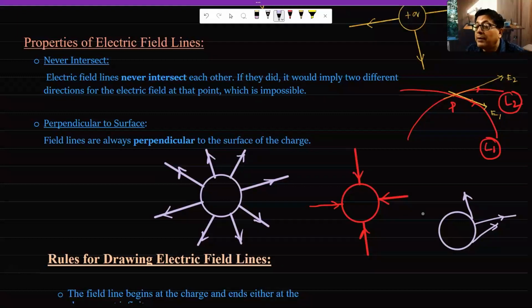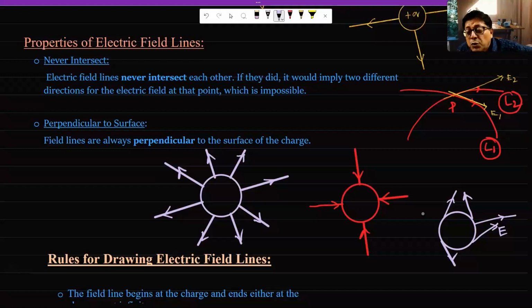So what will happen? Two things are going to occur. Firstly, they are intersecting each other. That is not possible. Logically, it is not possible. Second problem is the strength. Suppose this electric field magnitude is E over there.